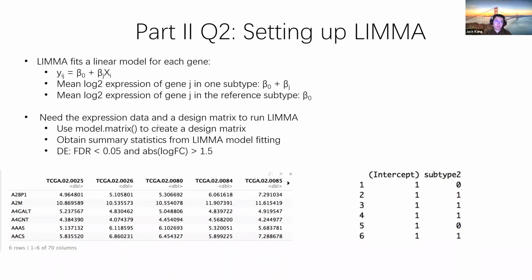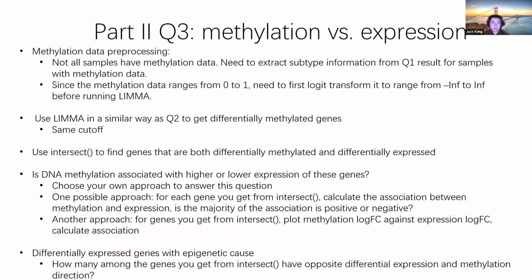One simple way is you take the product of their methylation log fold change and their expression log fold change, see if you get a negative or positive value, and you count the number of negative values.